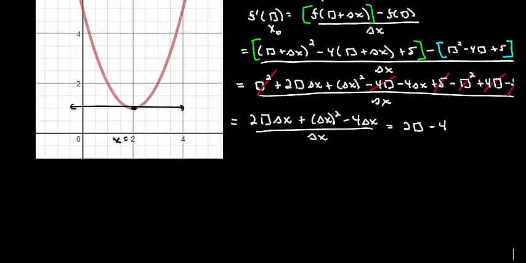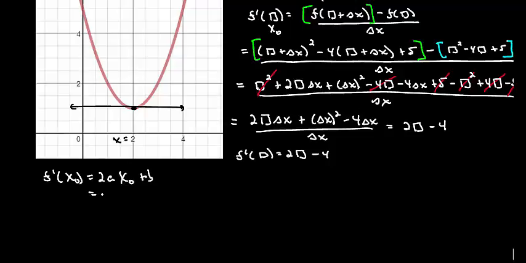That's exactly what we would have found had we used that formula before. Remember, this is f prime of something, the derivative of something, which is equal to 2 times that something minus 4. That's the same thing we would have gotten had we used the formula for f prime of x naught, which would give us 2a x naught plus b.